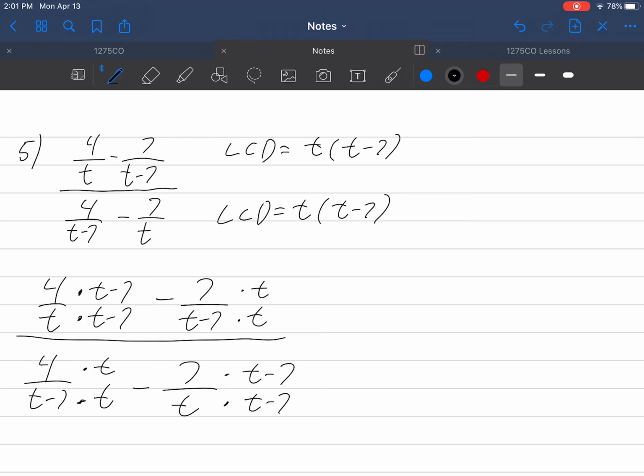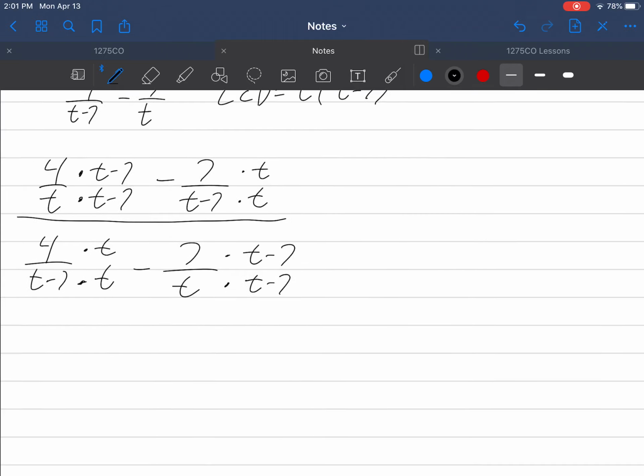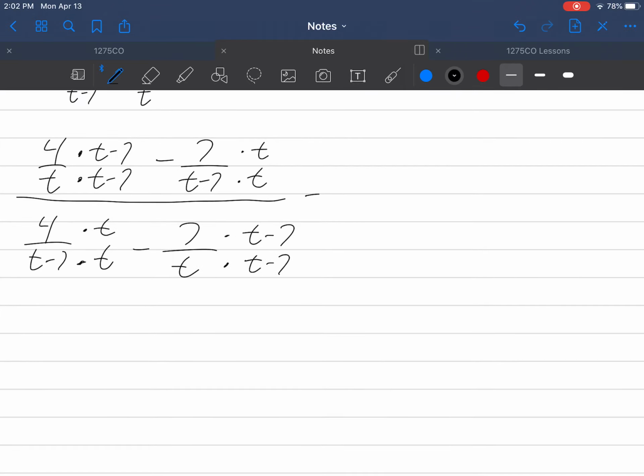This is times t minus 7 on top and bottom. Right, so everything's got to get multiplied by something in order to make this match. And we're going to get here 4 times t minus 7 over t times t minus 7. Leave that in factored form. Minus 7t over t times t minus 7.